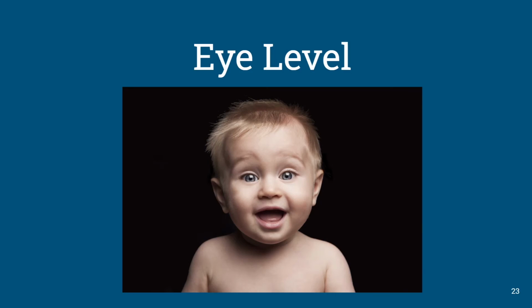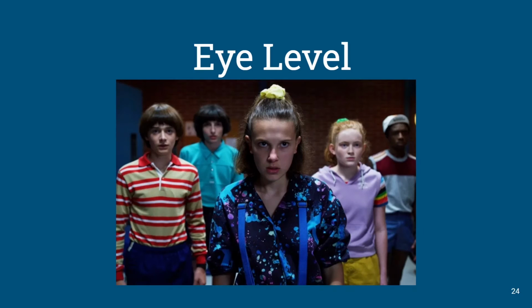Then we also have angle. The most straightforward one is eye level, where we're just at the level of the eyes. We're framing for that, just to put us on a little bit more personal level, akin to the normal shot, the normal focal length that we talked about before.